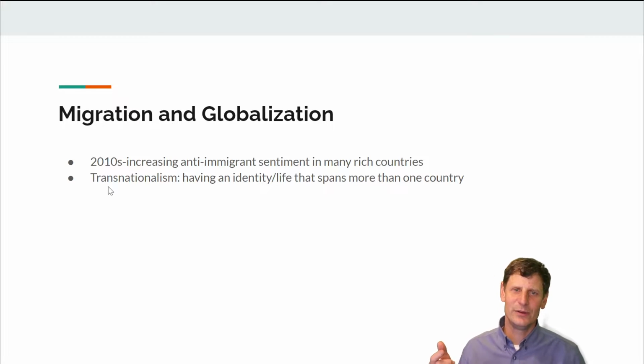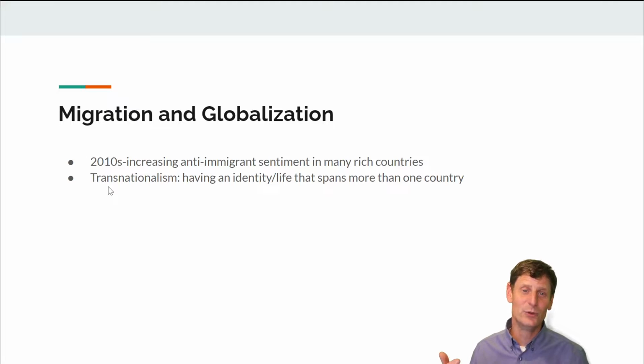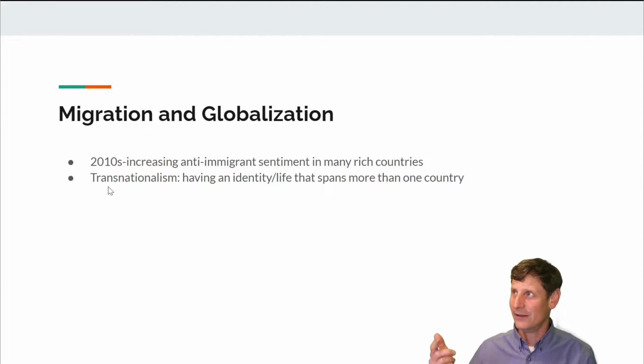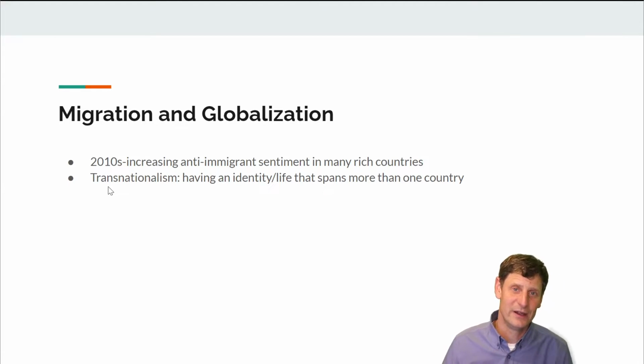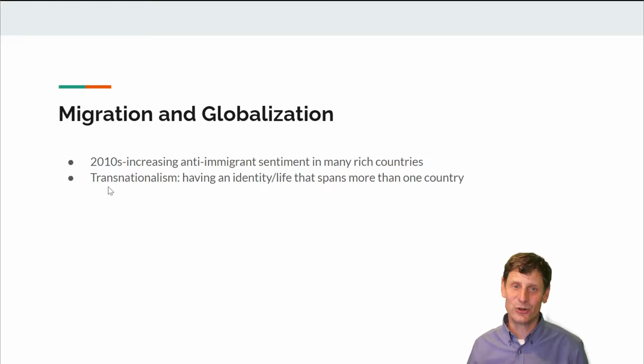So you could consider yourself a citizen of the world, or you can consider yourself to be a dual citizen of more than one place. And so, for example, you might have family in the Philippines and in New York, and you might spend your time between those two places. And that's a transnational identity.